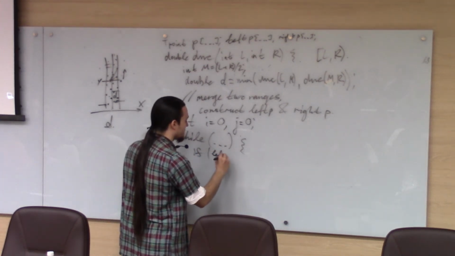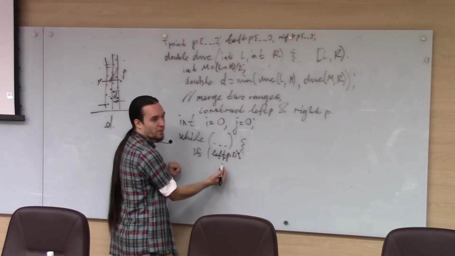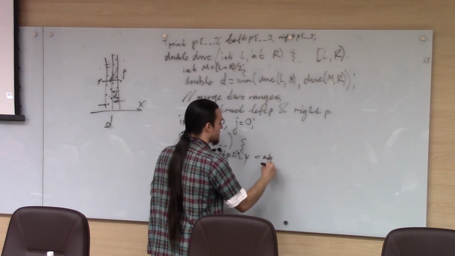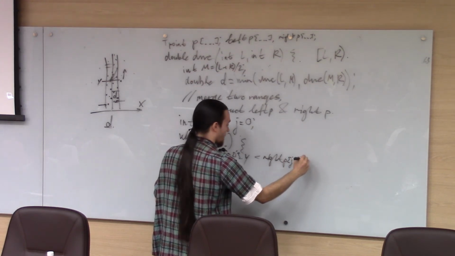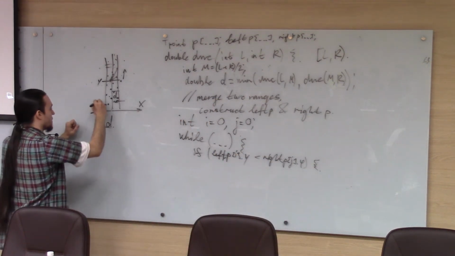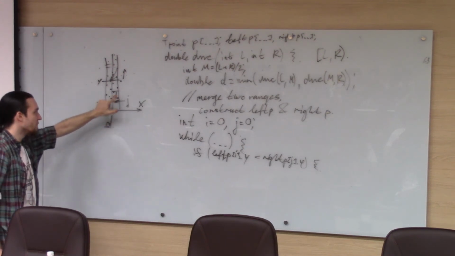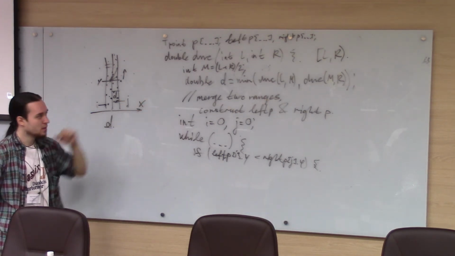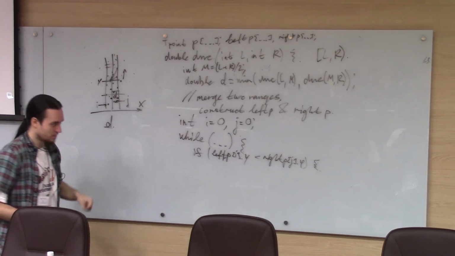So this is something like: if the ith point of the left part has y coordinate less than the jth point of the right part, then what happens here is, we start from the pointer j and move upwards, trying to improve on d, unless this point is too far.